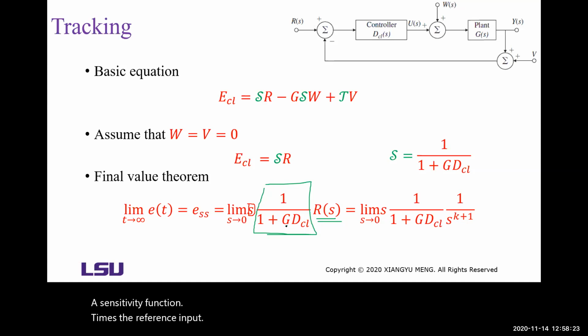Here it's 1 over 1 plus G D. Then for a polynomial input with degree k, the Laplace transform is 1 over s to the power of k plus 1.